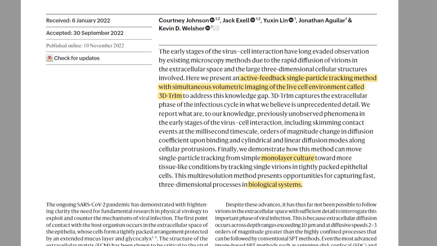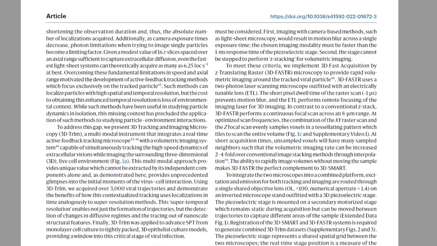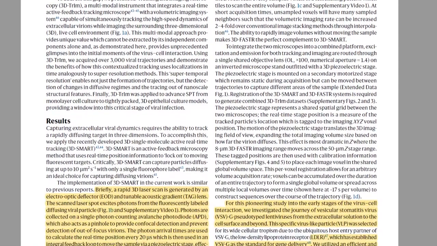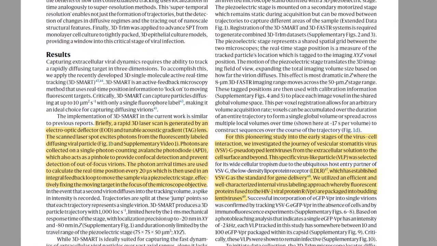What they used is artificially created systems that have biological constituents, but they're not biological. In other words, nothing in this experiment resembles what we would find in nature or consists of what we would find in nature.